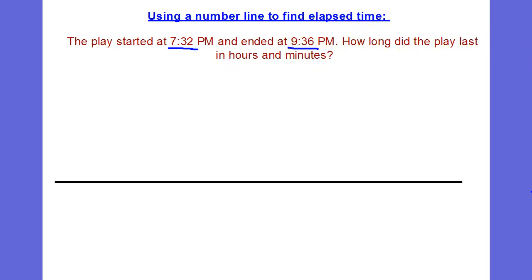Okay, so we're going to use our CUBES strategy, and we're going to start off by circling our important numbers. These aren't numbers that we're necessarily going to be multiplying or dividing, but they are important numbers that we will use to solve our word problem. The next thing we're going to do is underline our question, which is how long did the play last in hours and minutes?